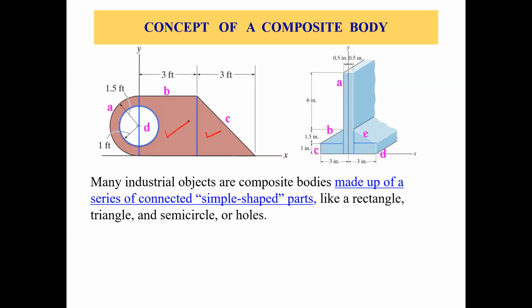Then we can take this part B as a rectangle or a square, and then we have this semicircle. This shape A is a semicircle, and this D is a hole, right? Whenever we analyze such a shape, we take the negative area, negative volume, or negative mass of any hole in the body.